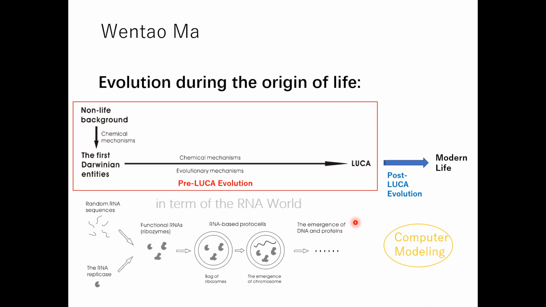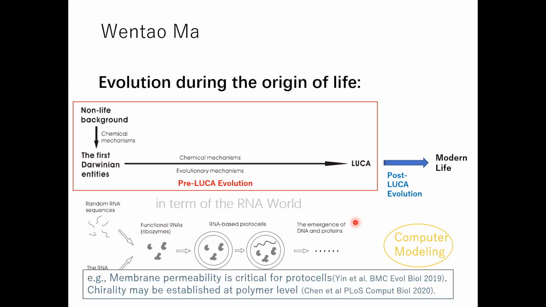I read some and found two interesting results: membrane permeability of raw materials is critically important for the development of protocells, and chirality may be established at the polymer level before the advent of polymerase. That is very surprising for me. I'm not sure he will talk about these studies, but if you are interested, please read these papers.